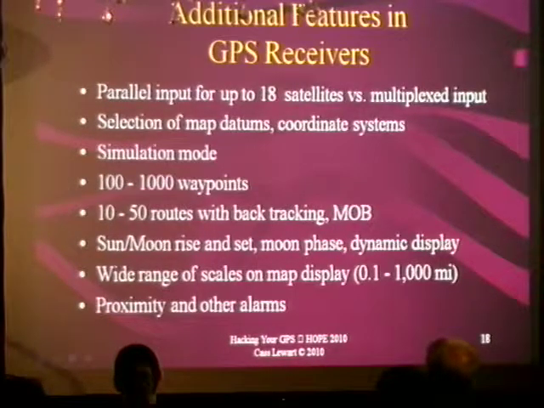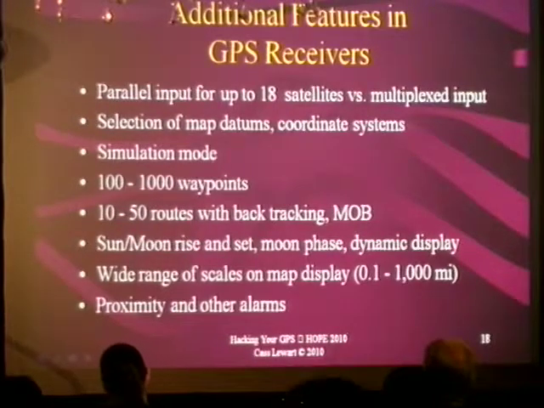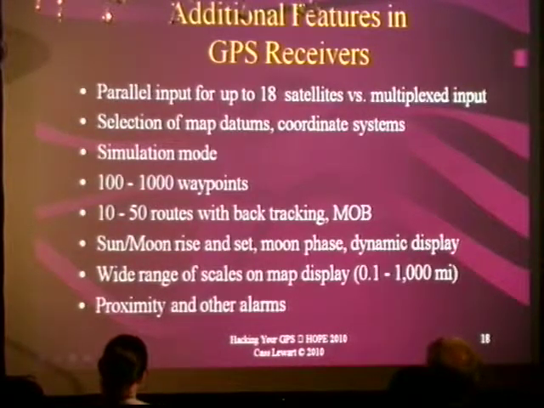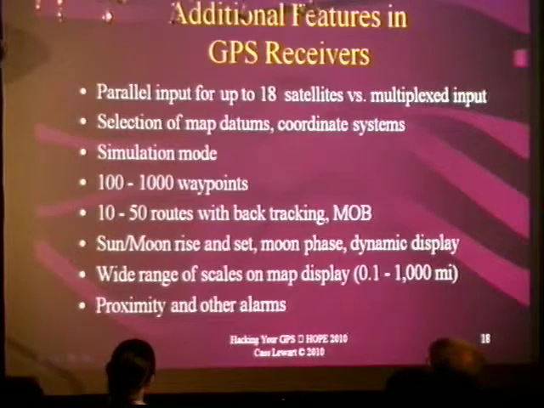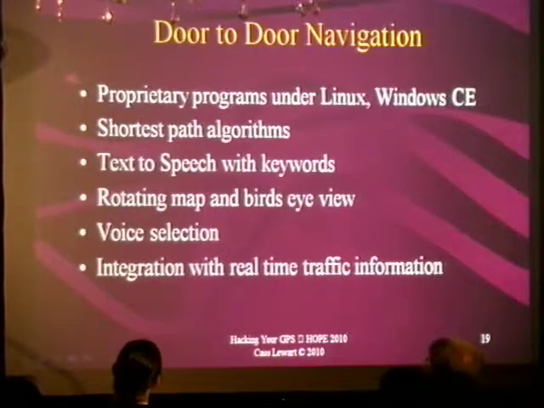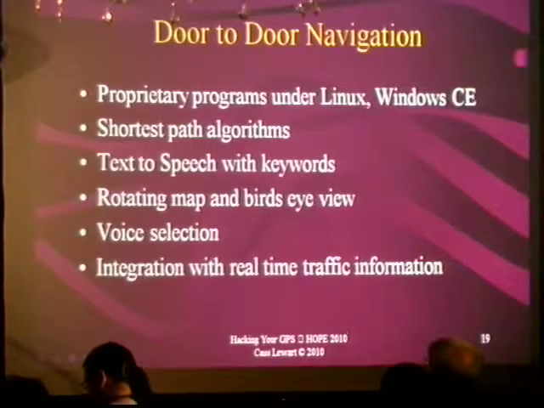Now with the memory getting cheaper and cheaper, what was quite expensive or impossible to get a few years ago, now you get it. You get maps, you get base maps, you have detailed maps, and you can change those maps. You can buy them. I will talk about maps later.